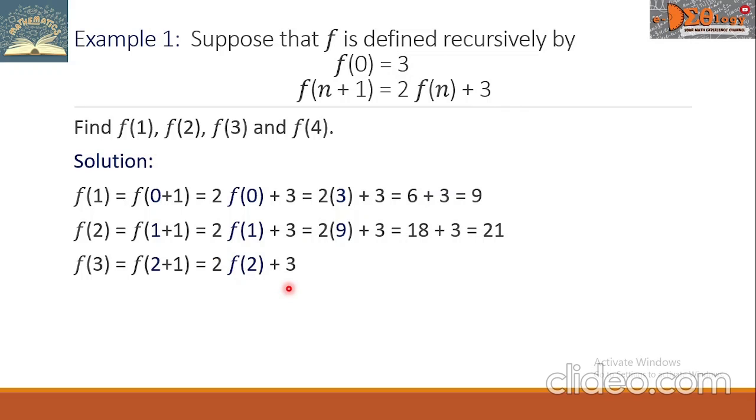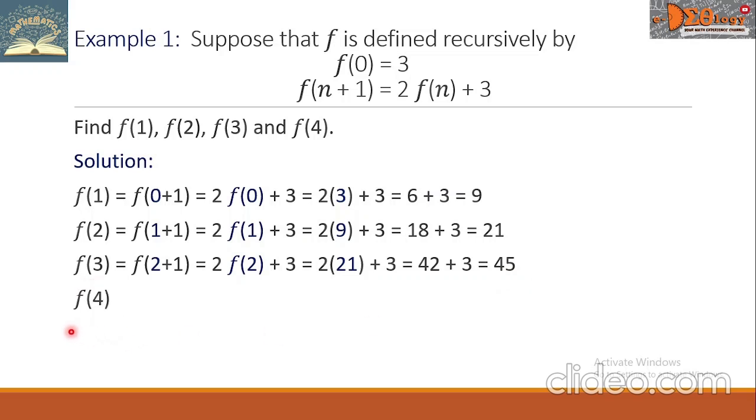Let us now substitute the value of f of 2, and that value is 21. So we have now 2 times 21, then plus 3. The product here is 42, then plus 3 is equal to 45. This is the value of f of 3.